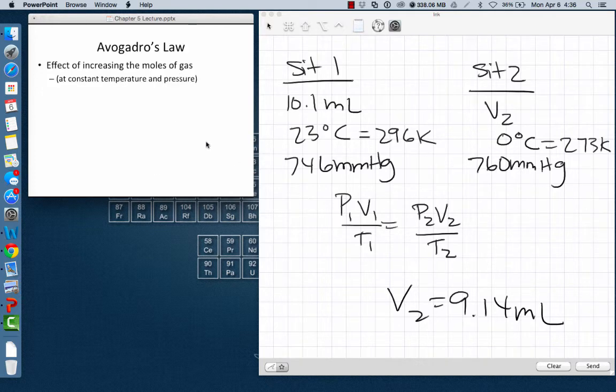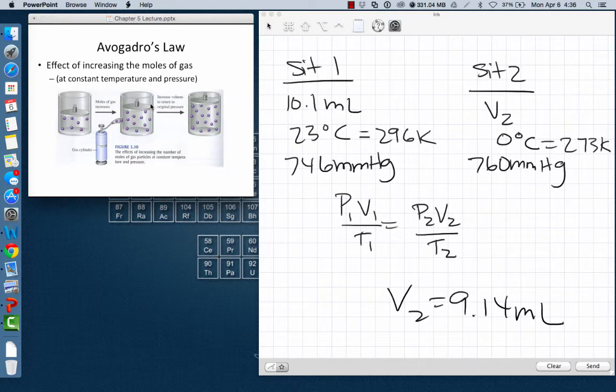All right, so the only thing we haven't addressed yet is to increase the moles of gas. If we leave the temperature and pressure the same, what happens if we add more gas? If you look at this picture, we have a cylinder, and we're adding more moles of gas.